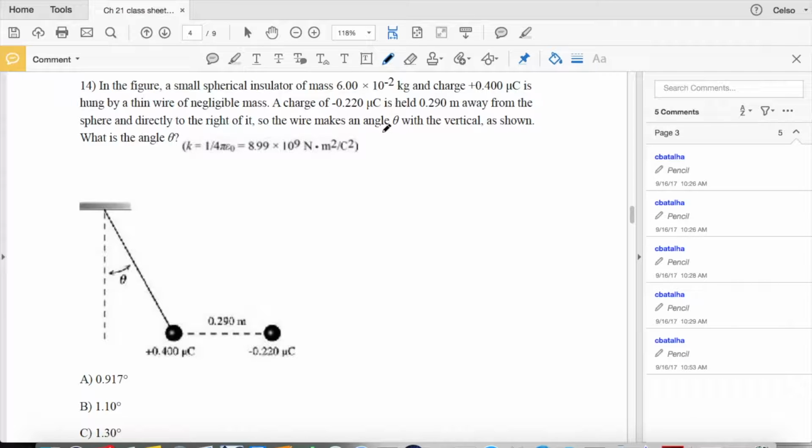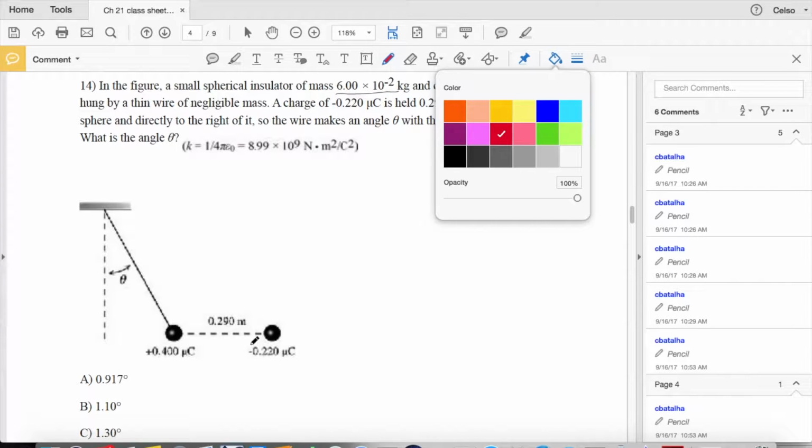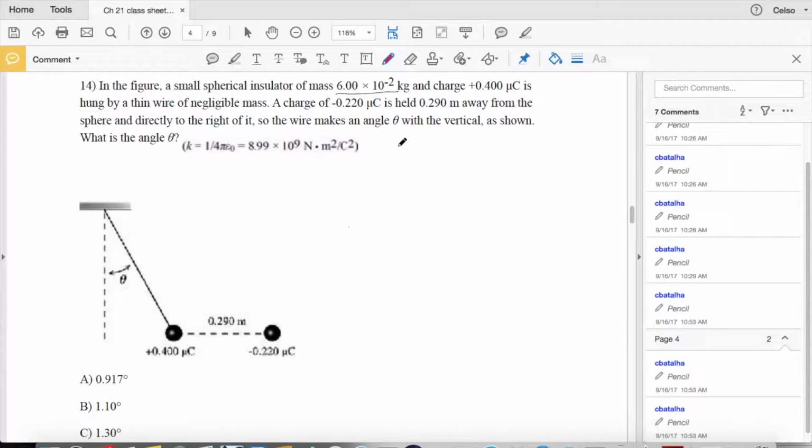This looks like something similar. You have a sphere. The mass is given, so there will be a force there. So let's do our free body diagram to begin with. Oh, wait a second. Let me read the problem first.